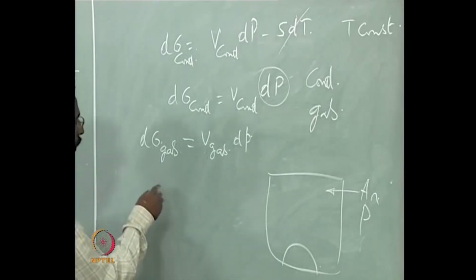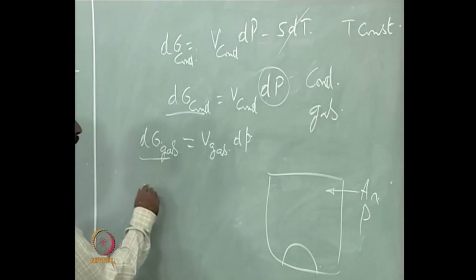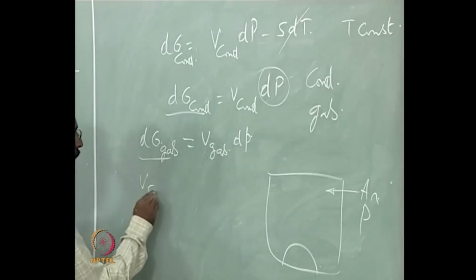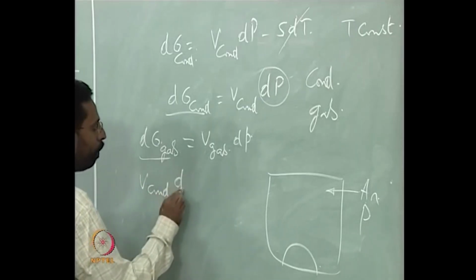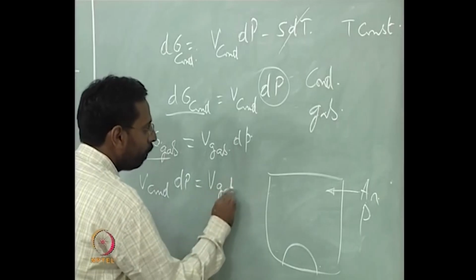If we equate both of them, because at a given transformation temperature the free energy of the gaseous phase and the free energy of the condensed phase should be same, we can say V of the condensed into dP should be equal to V of the gas into dp.